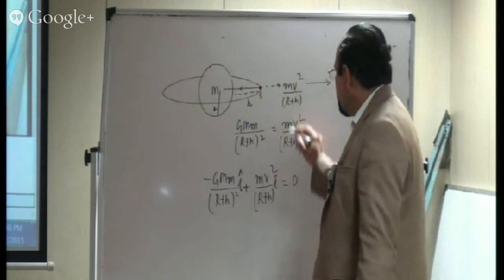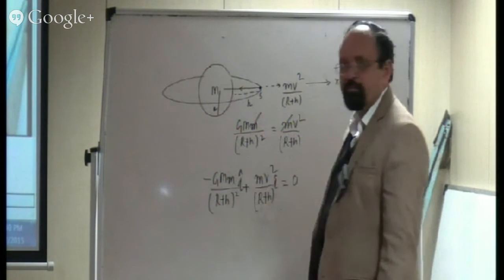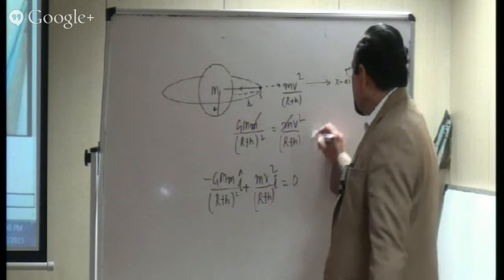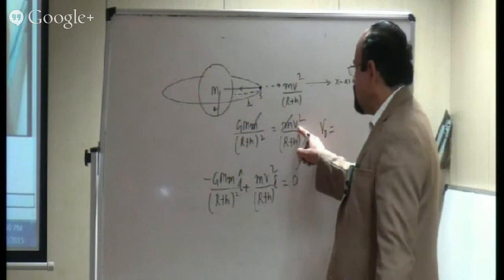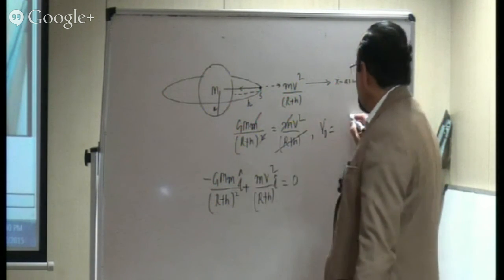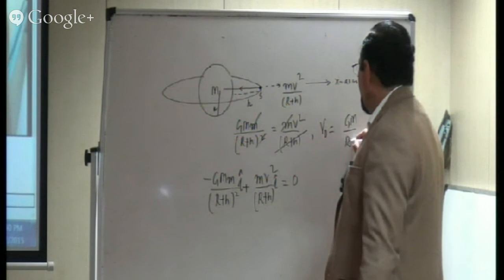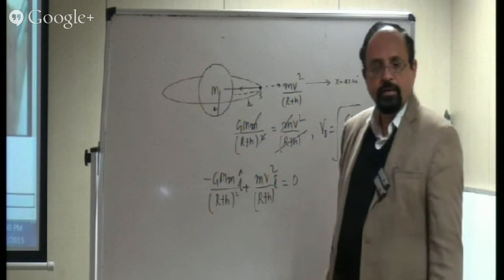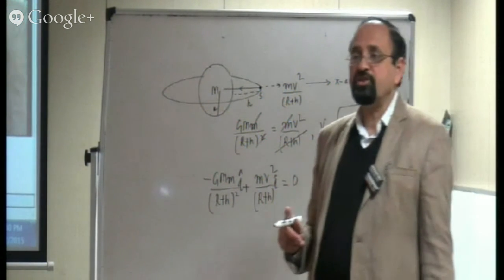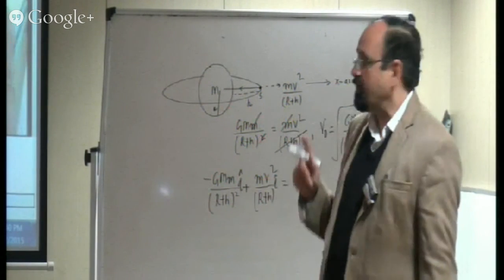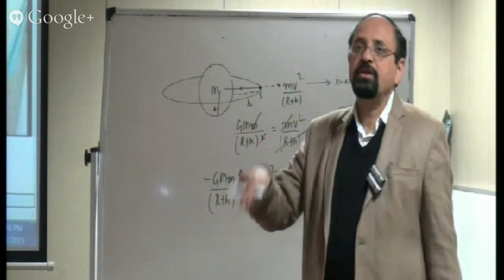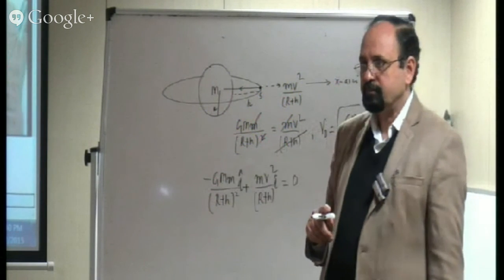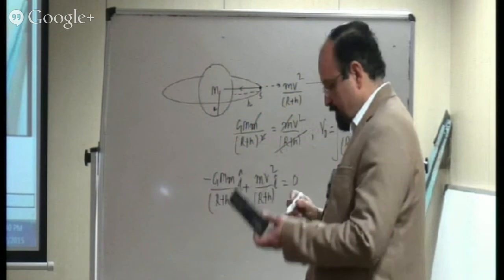So if you solve it, this m is out from the scene, and we are getting a velocity which we call the orbital velocity. 1 by r plus h is also out. That is equal to root of GM divided by r plus h. So this is the orbital velocity which is necessarily required for a satellite to remain in the circular orbit. This is called the orbital velocity.